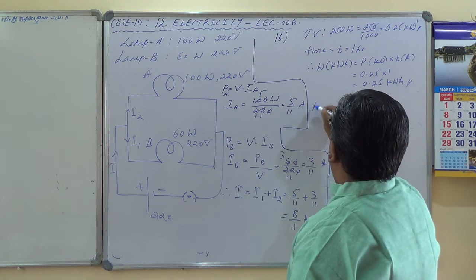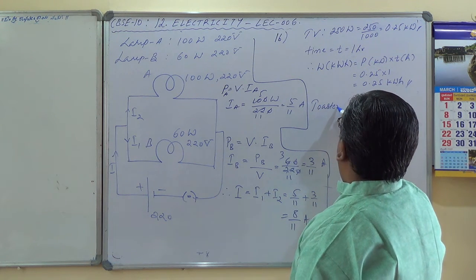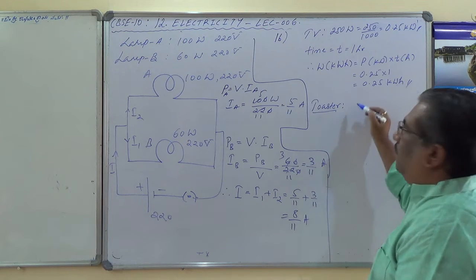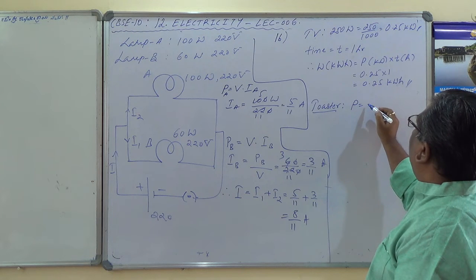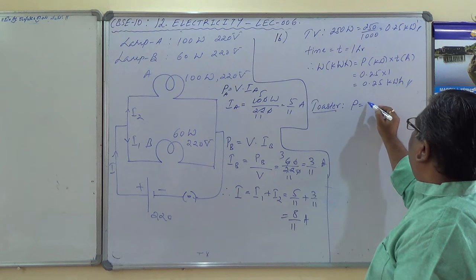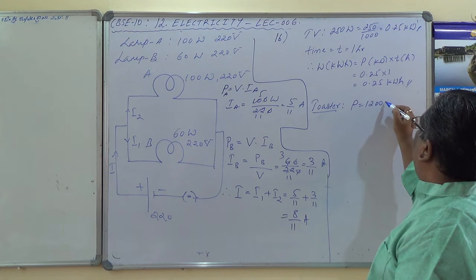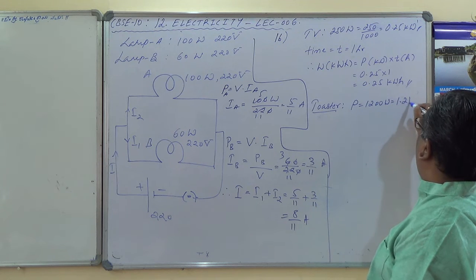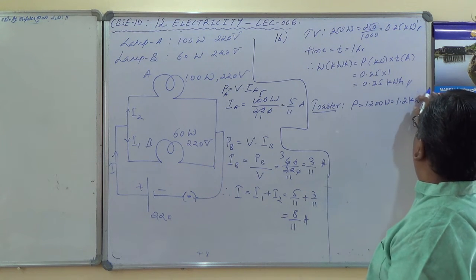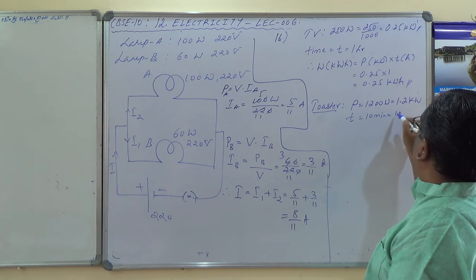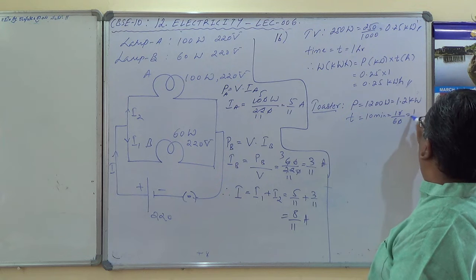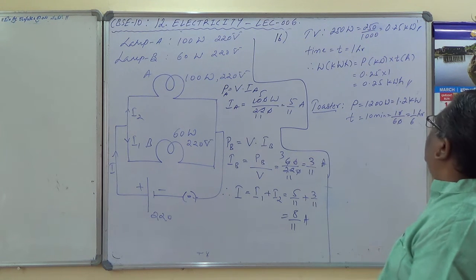Toaster, let us take now. Toaster, power here is 1200 watts, which is 1.2 kilowatt, and time equals 10 minutes, which is 10 by 60, which is 1 by 6 hour. Isn't it?